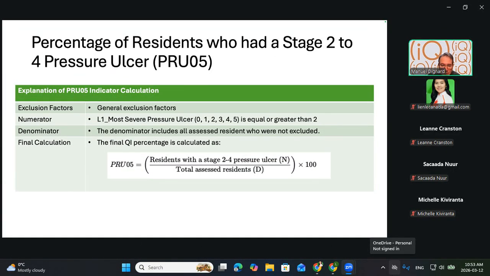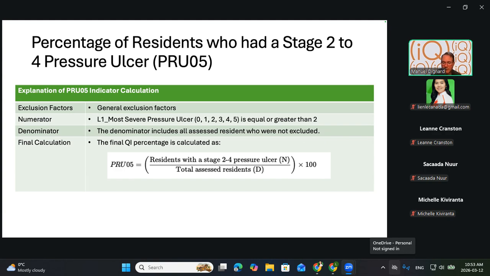And this QI is a direct reflection of skincare and pressure injury prevention practices. So higher rates might signal inadequate repositioning or offloading protocols, gaps in nutrition or hydration, poor moisture management, or delays in identifying early stage skin breakdown.